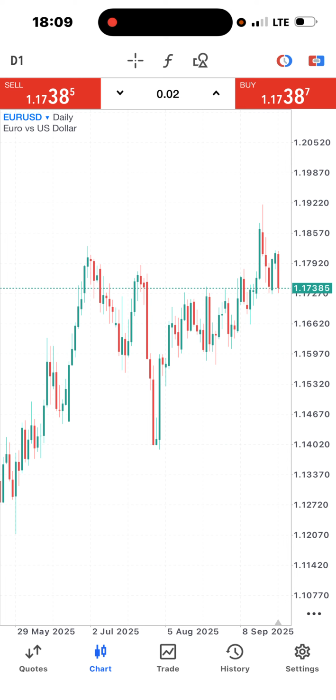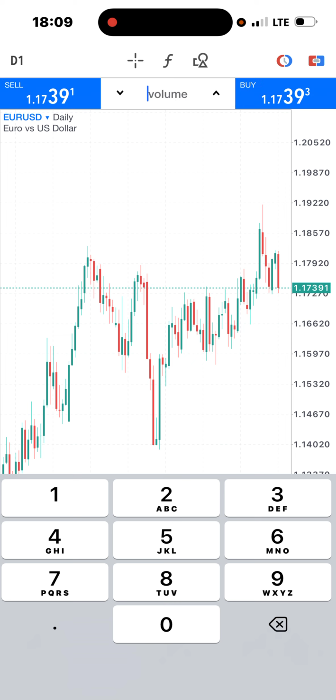Now don't forget, I mentioned yesterday that your lot with your pips determine how much you make in the market. So if I'm using just one, that means that I am buying or selling Euro USD at one standard lot.